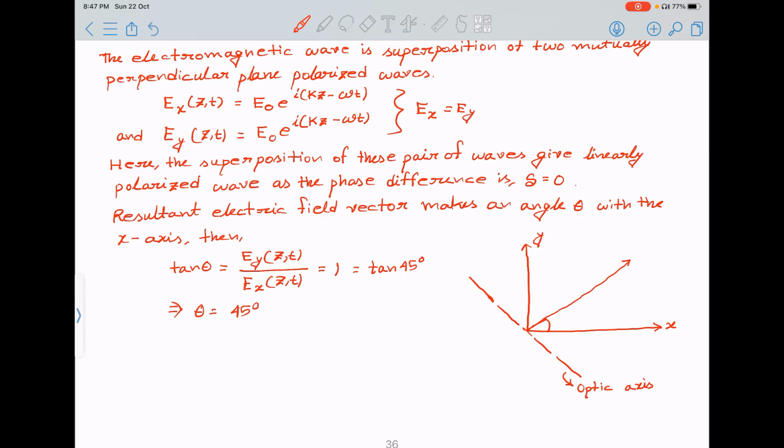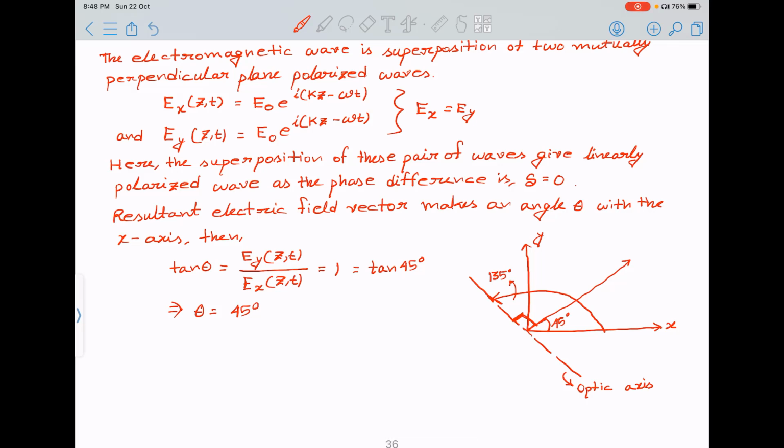It will make an angle of 45 degrees with the x-axis, and given that this angle is 135 degrees, we can say that the angle in between is 90 degrees.